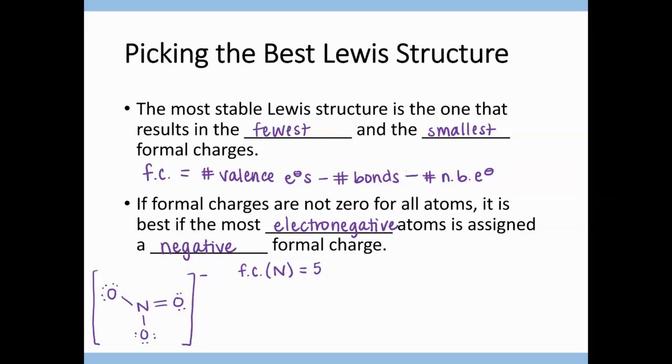Nitrogen has 4 bonds, so -4, and then minus non-bonding electrons. Nitrogen has 0 non-bonding electrons in the structure, so -0. So that gives nitrogen a formal charge of +1. So when we draw formal charge in a structure, we'll put that positive symbol right by the nitrogen. So nitrogen has a +1 charge.